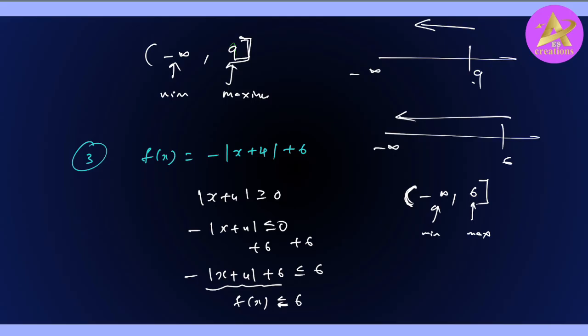Exactly we cannot say what the minimum value is, we are just taking minus infinity. Is it clear? Here also we cannot say what the exact minimum value is, but it goes up to minus infinity. That's it.